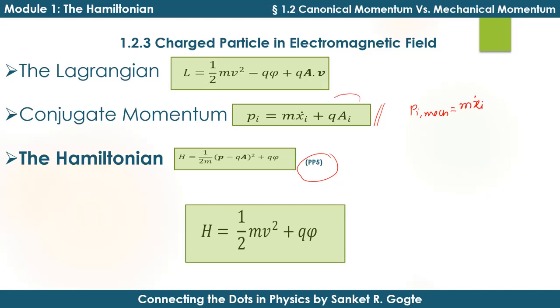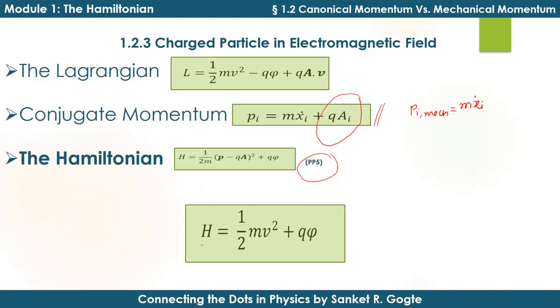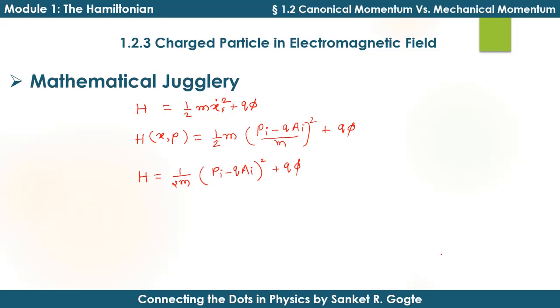This q times A term is extra in this canonical or conjugate momentum. So what does that represent is one of the questions. Similarly, if I write this Hamiltonian as a function of xi dot, which we did in the beginning, it is here.